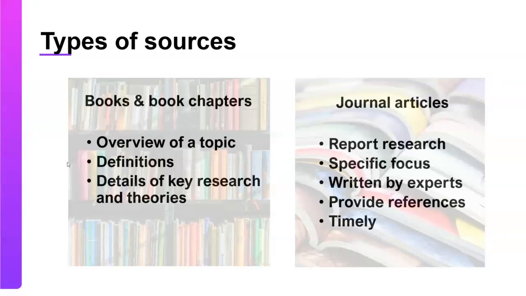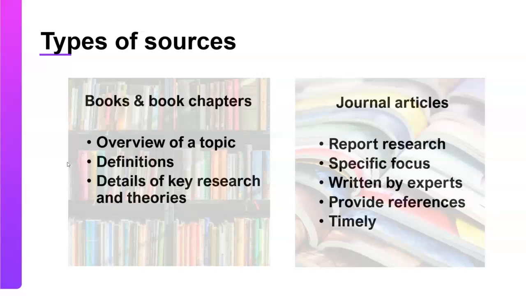So the book itself would be a collection of, say, articles or chapters written by different authors that have all been edited or collected by an editor and bound into one book. So yeah, perfect, Emily. The book is the book itself, and a book chapter is one topic or one section.